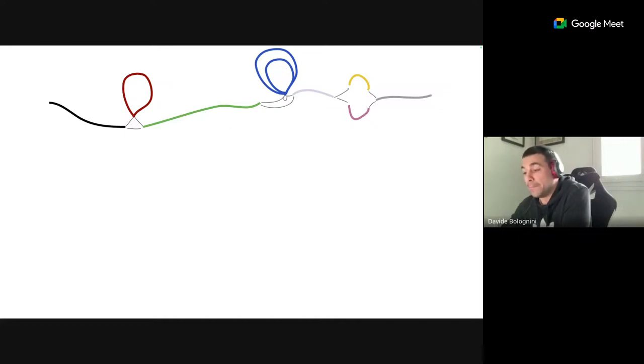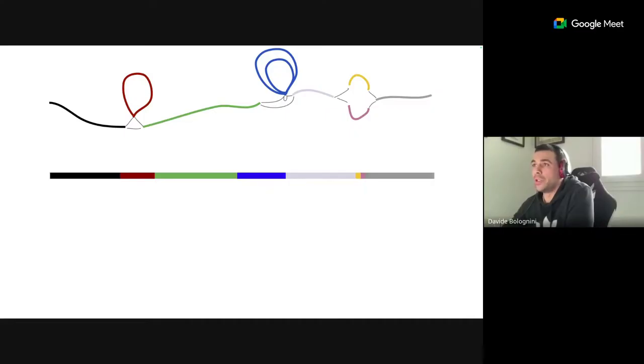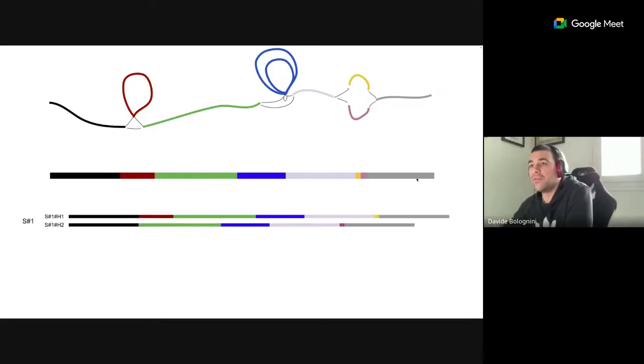Those here are represented one linked to the others, but of course those are nodes, and there are edges connecting nodes. There are a couple of concepts that are useful to understand the approach that we use. The first one is defining the so-called path coverage vector. If you take the nodes from the graph and you plot them like this, it's just a collection of all the possible nodes in the graph, and then you can count the number of times each path crosses each node in the graph.